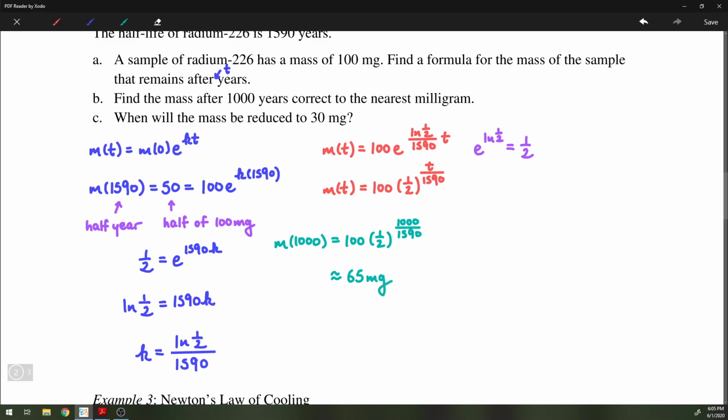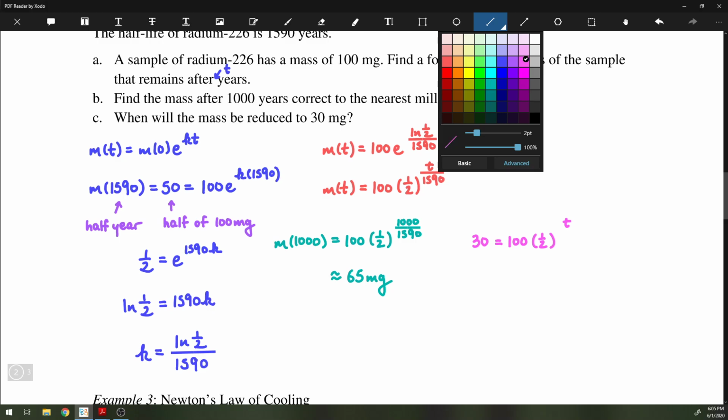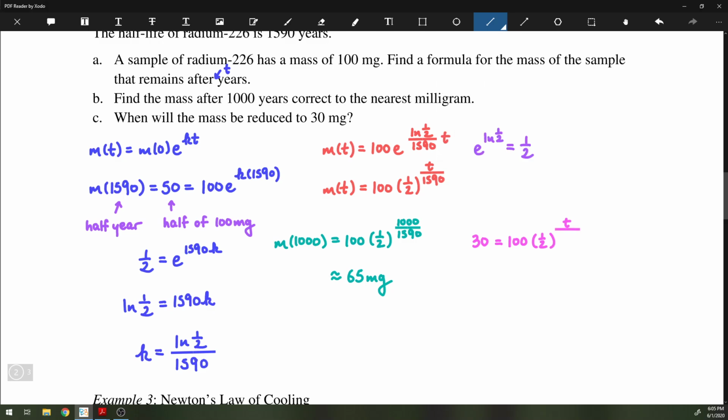Okay, and likewise, you can also be given a mass. So in this case, 30 milligrams is equal to 100 times 1/2 to the power t over 1590. And once again, we can solve for t here. We can divide both sides by 100. We get 3 over 10 on the left-hand side. We can also take the logarithm on both sides.